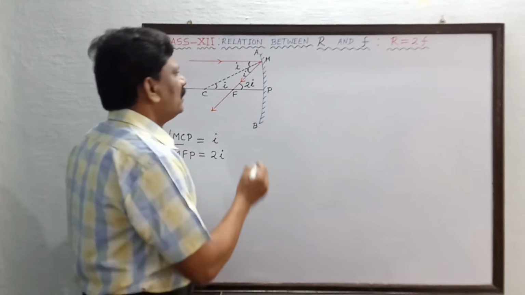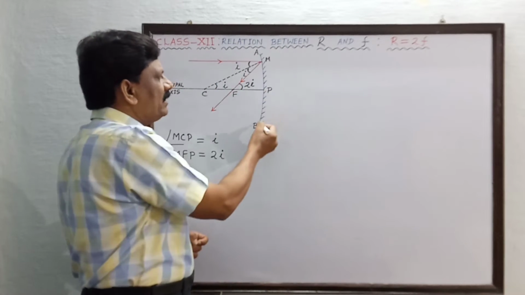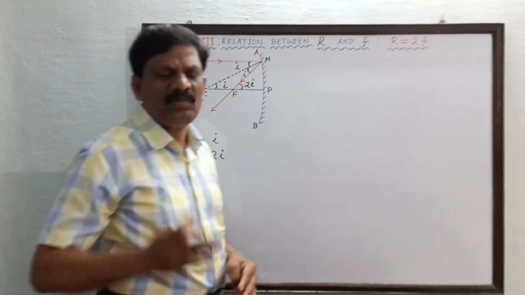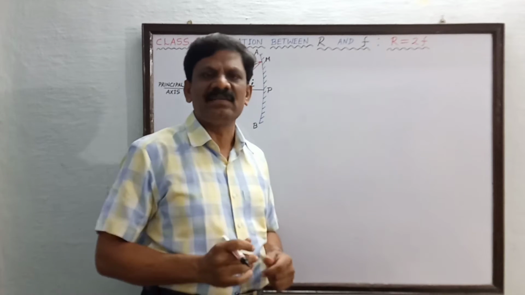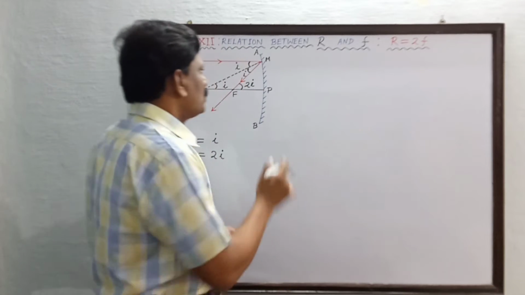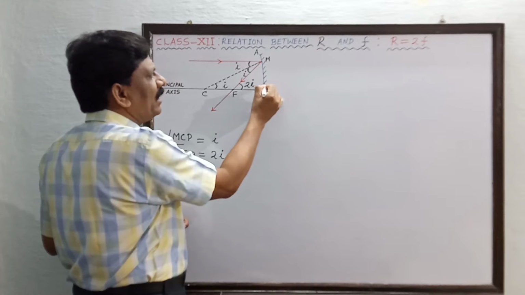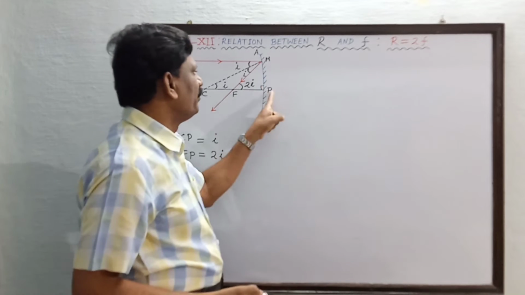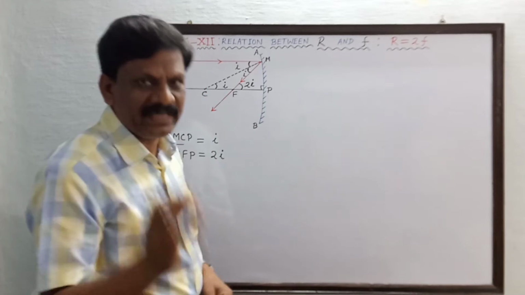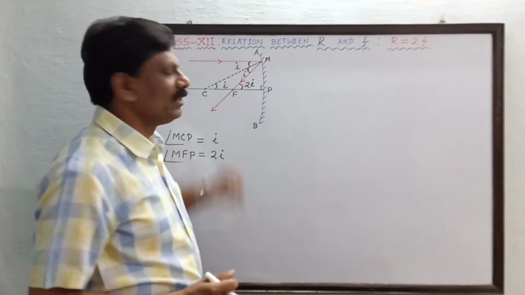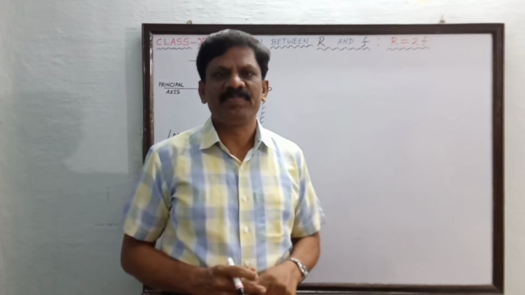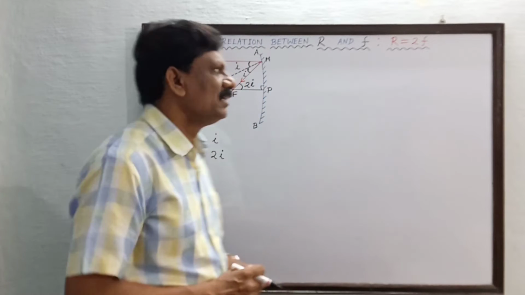Next one is the purpose of drawing this mirror AB almost flat with a large radius of curvature is, so we can assume that this portion MP is almost straight. This portion MP is almost straight so that it is perpendicular to the principal axis. Understand? That is the purpose.